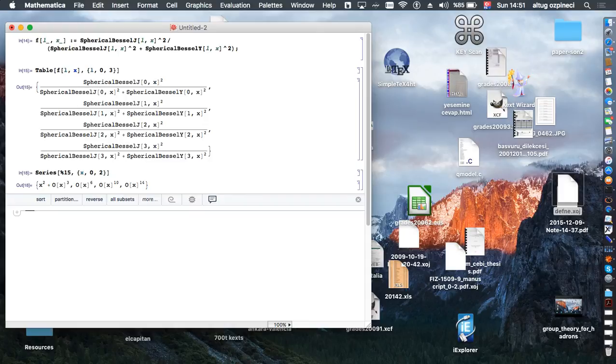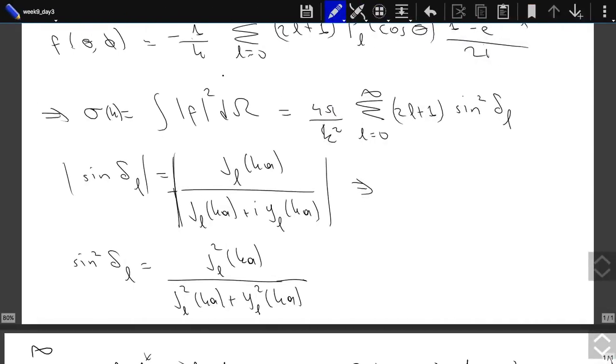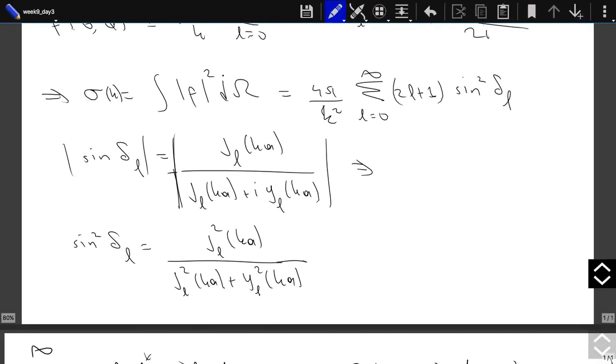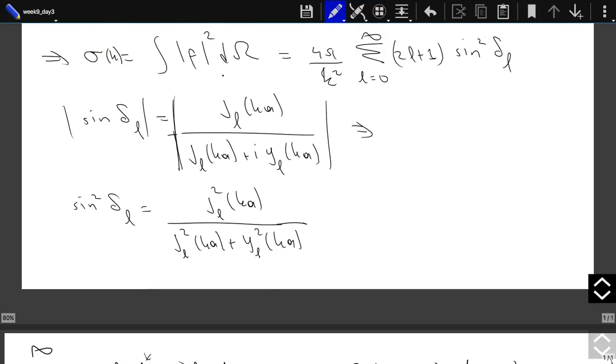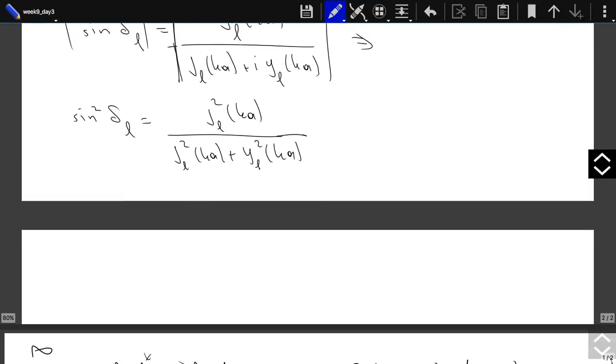So remember, x is k times a. If you come back over here, what we have now is that sine squared delta L is of the order of ka to the 4L plus 2.